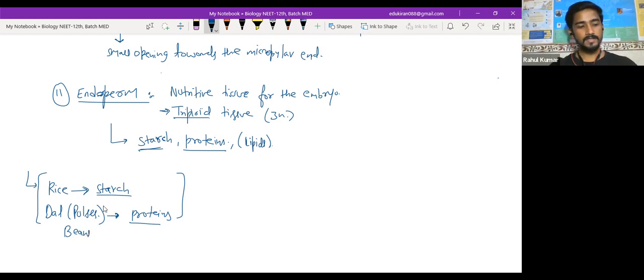You can write down: in seeds of dal and beans, the endosperm containing starch gets used up early for the development of embryo.